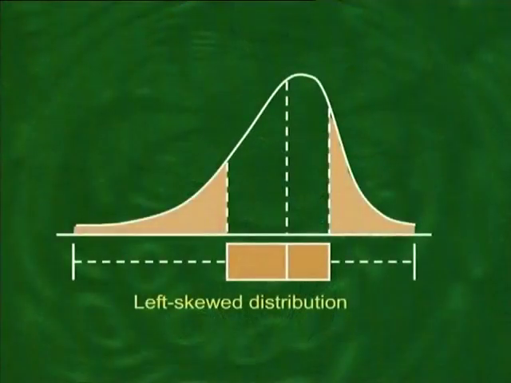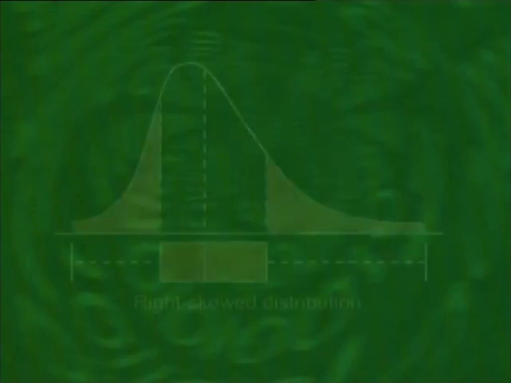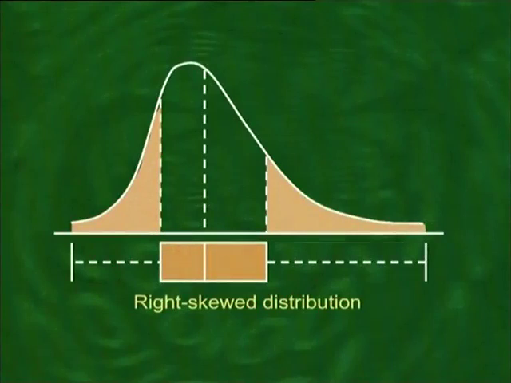As stated earlier, in case of the negatively skewed distribution, the median line is closer to the right end of the box and the right whisker is shorter in length than the left one. On the other hand, in case of a positively skewed distribution, the median line is closer to the left end of the box and the left whisker is shorter in length than the right one.